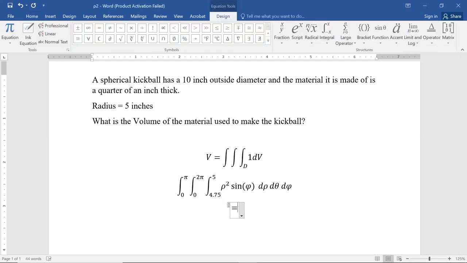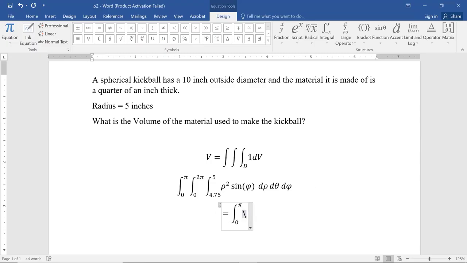Now, in terms of doing the actual calculations, this is pretty straightforward. Our first integration goes from 4.75 to 5 with respect to rho. We have a rho squared integrating with respect to rho, and we also have the sine of phi. Sine of phi is just a constant. We get a pretty ugly fraction, but it's not too crazy.